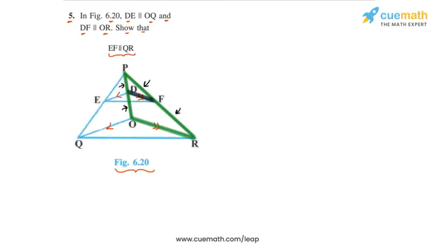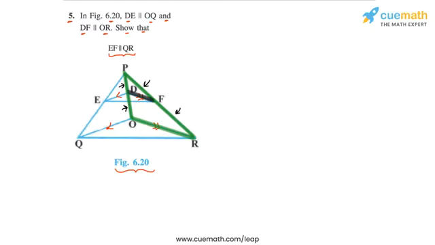So let's see what we've done so far. First, we apply the BPT to POQ. That gives us PE by EQ equal to PD by DO. Then we apply the BPT to POR, and that gives us PF by FR equal to PD by DO.